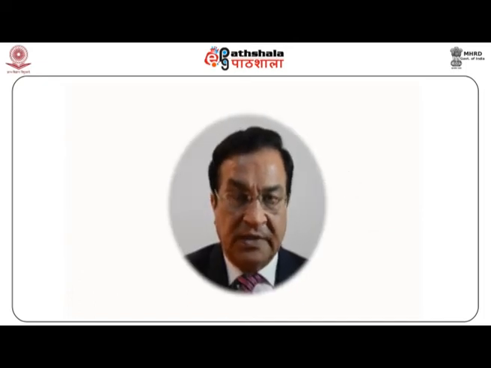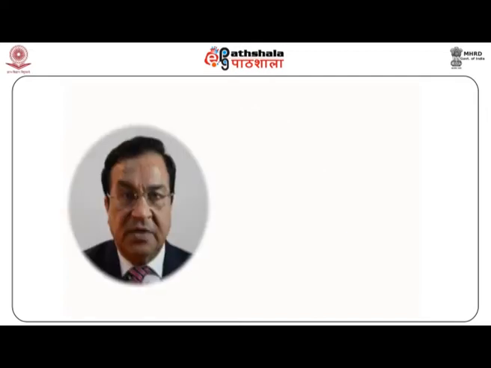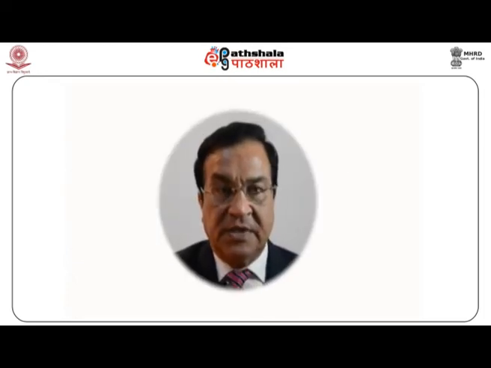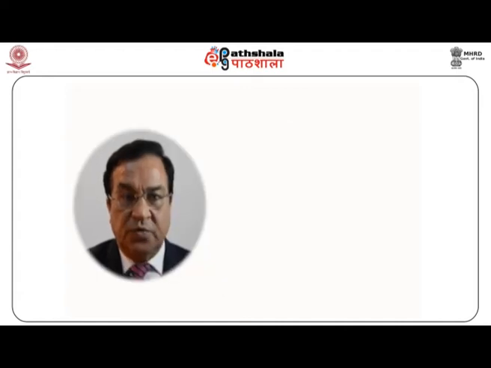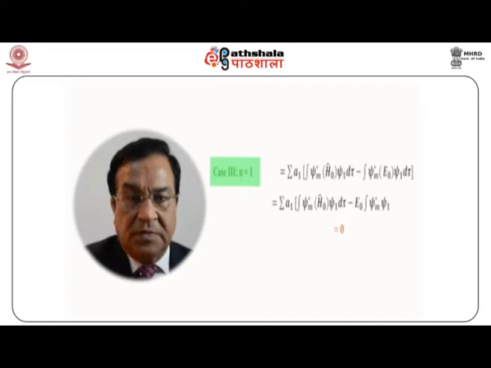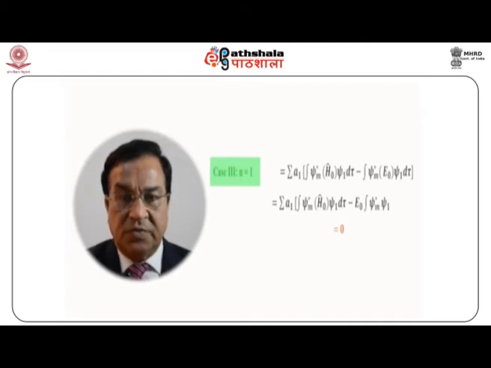And if we consider case 2, when n is equal to 0, this equation reduces to, you can see very conveniently, ultimately equal to 0. And if we consider case 3, when n is equal to 1, then this side of the equation also becomes equal to 0.